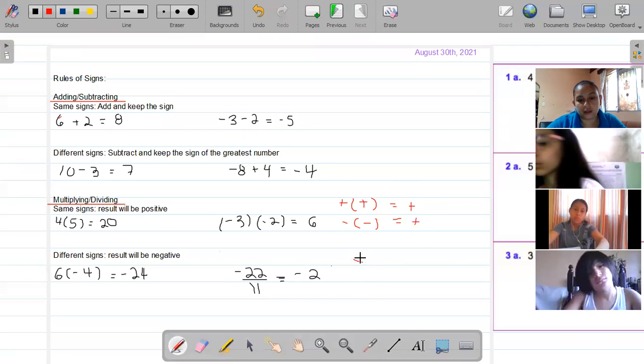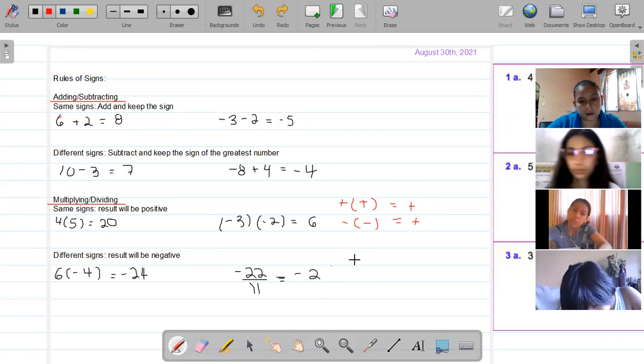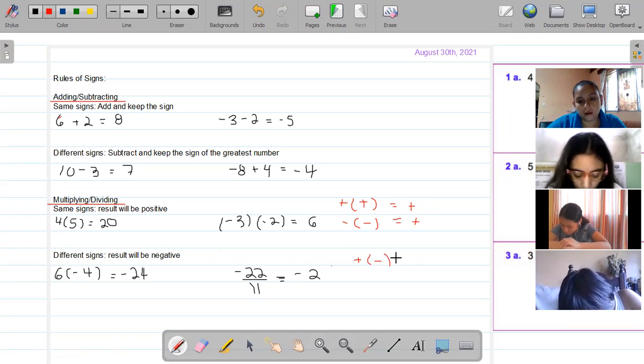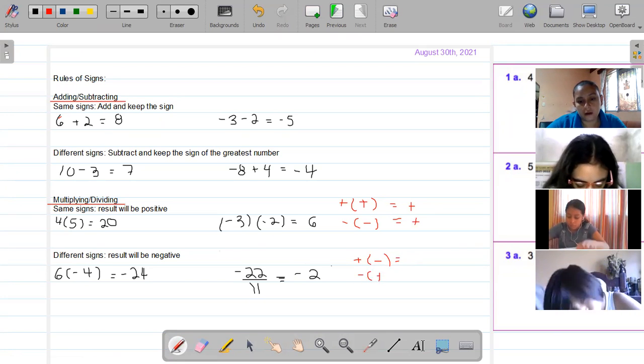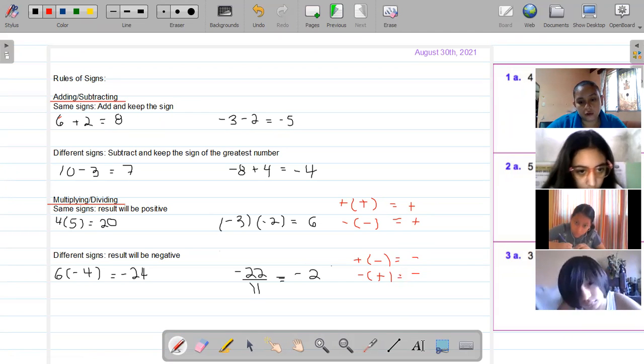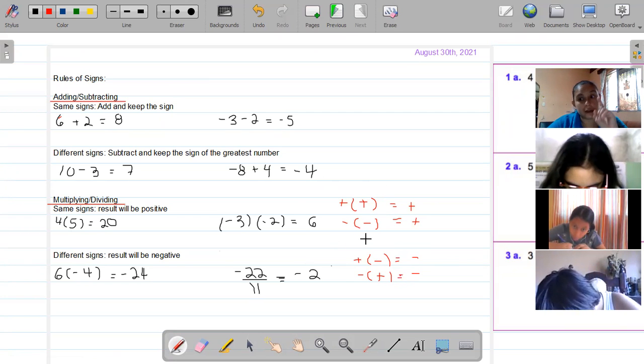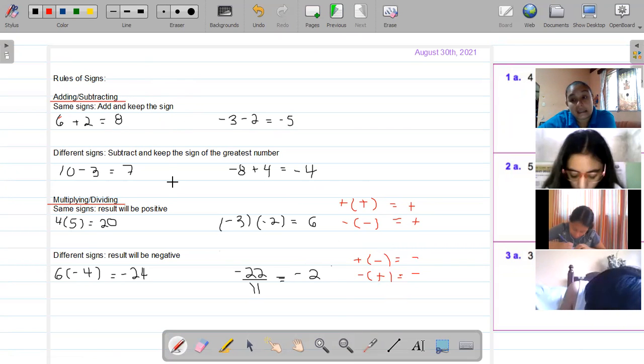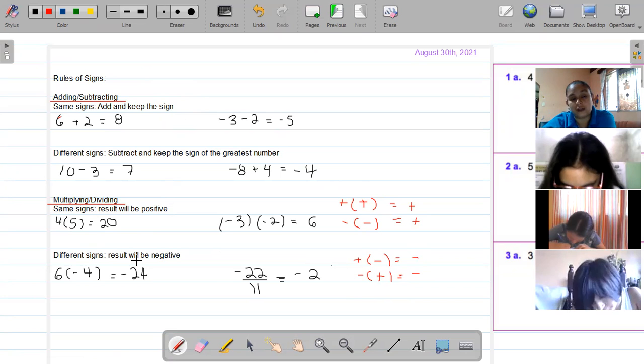If I have different signs, like positive times negative, or negative times positive, they will give me a negative result, okay? So you need to learn this, and you need to be sure that you're not mistaking the multiplications and divisions with the additions or subtractions, okay?